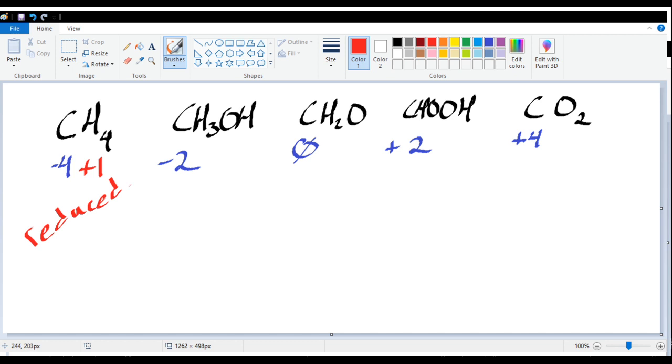It has gained as many electrons as it can. Its oxidation number is as low as it can go. Over here, it has been fully oxidized. We cannot add any more carbon-oxygen bonds. It has lost as many electrons as it can lose. Its oxidation number is as high as it can go. And the CO2 is fully oxidized.